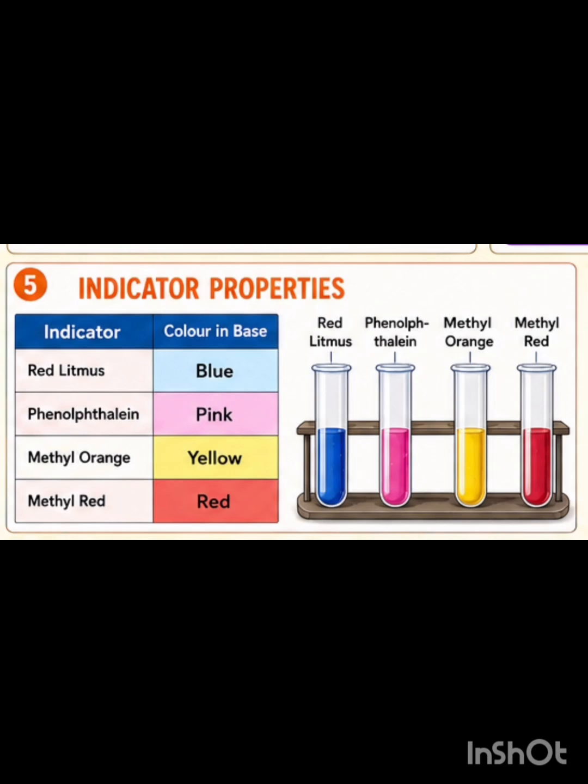If we add methyl orange to a base, it will turn yellow. And if we put methyl red, the color will change to red. So remember the color changes: red in methyl red, yellow in methyl orange, pink in phenolphthalein, and blue in litmus paper.